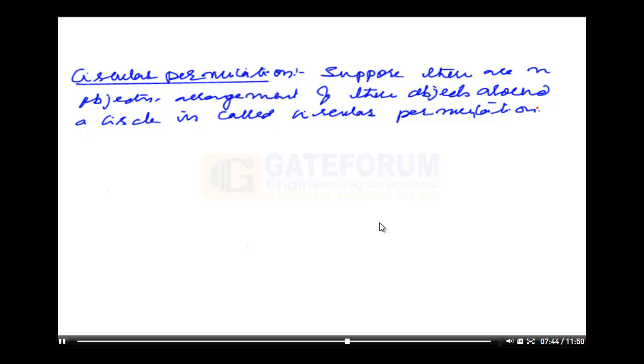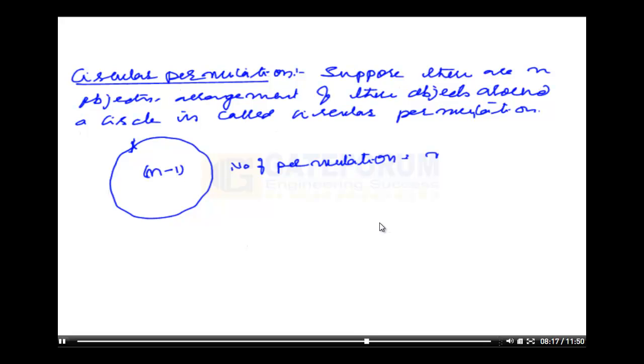So here we can put it like this: when you arrange them in a circle, we want a reference point to arrange other objects with respect to which we consider, let us say, one object, and the remaining n minus 1 are arranged with respect to the considered object. Therefore, in this case, the number of permutations equals n minus 1 factorial.